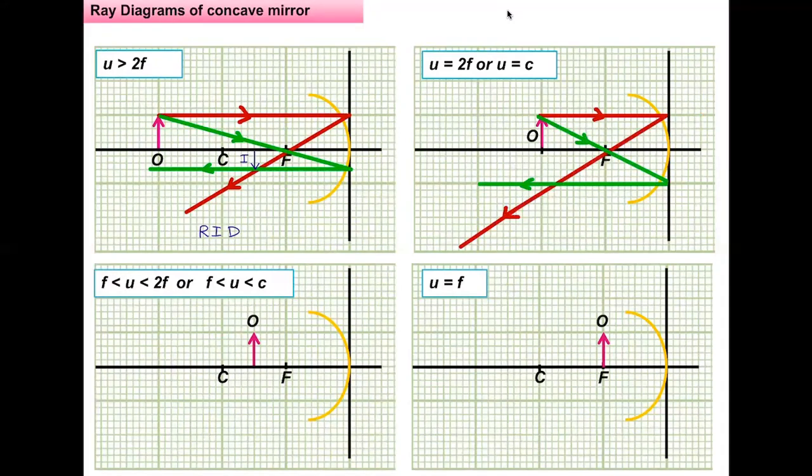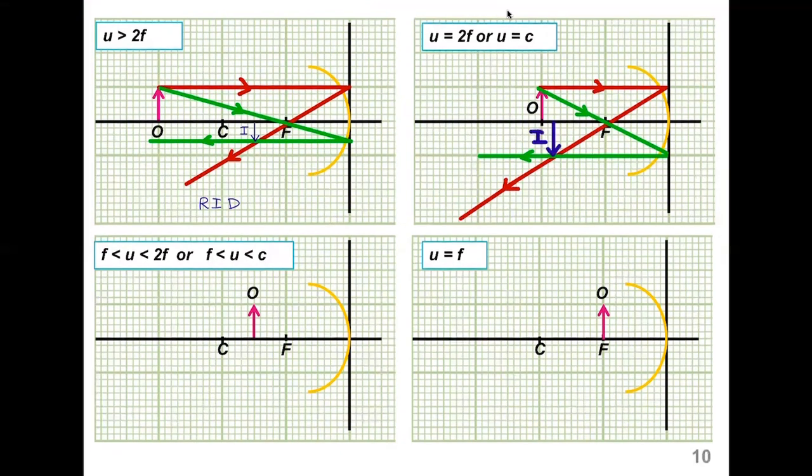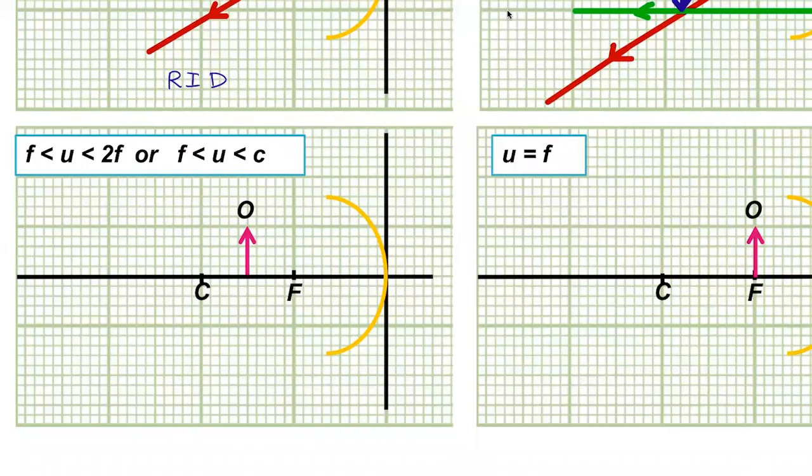So this is the position of the image. Then this one, when the object is in between, the same: from the top of the object, reflected to F. Second one.